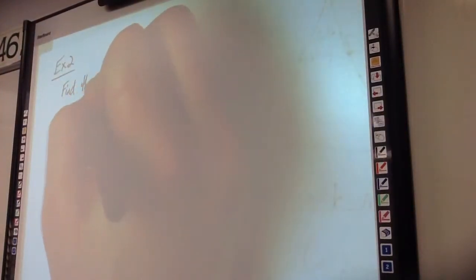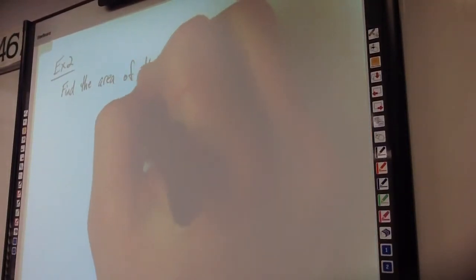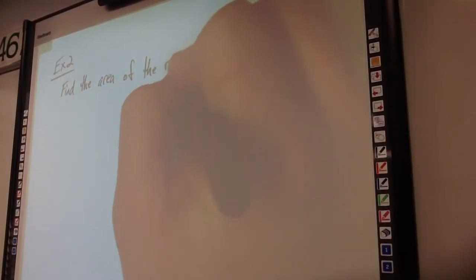In your homework, I tried to avoid trig functions. Find the area of the region enclosed by. Hey, I'm trying to draw the units.